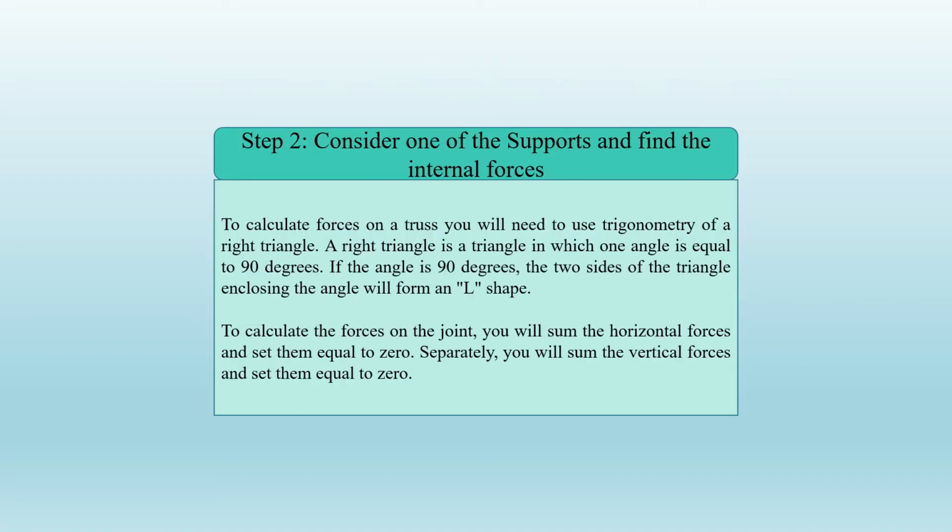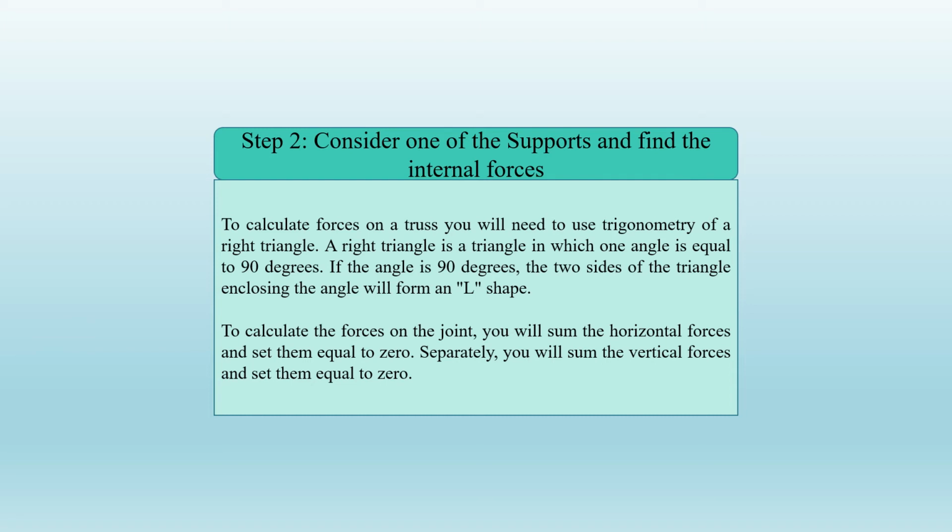Second step is consider one of the supports and find the internal forces. To calculate forces on the truss, you will need to use trigonometry of a right triangle. A right triangle is a triangle in which one angle is equal to 90 degrees.